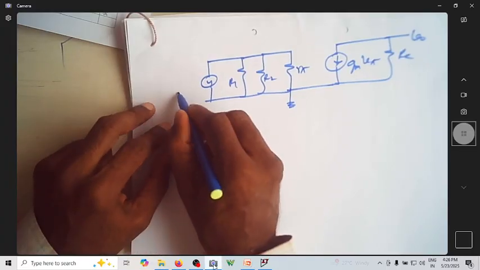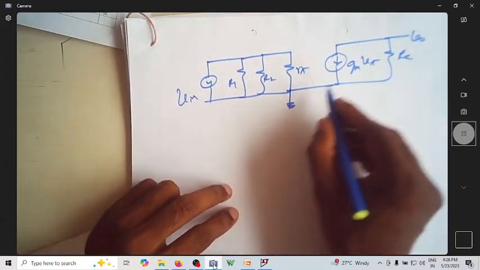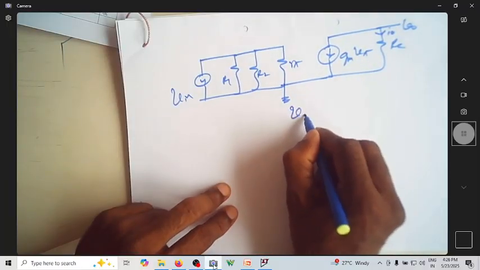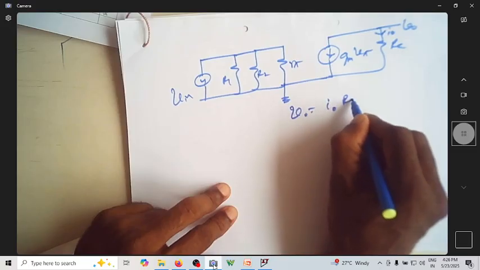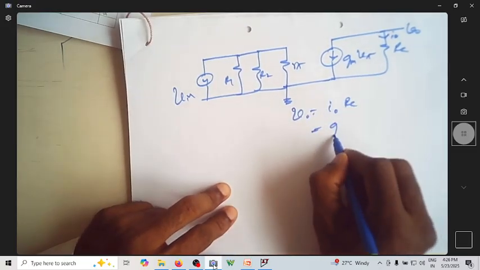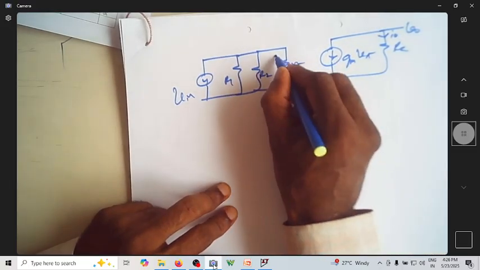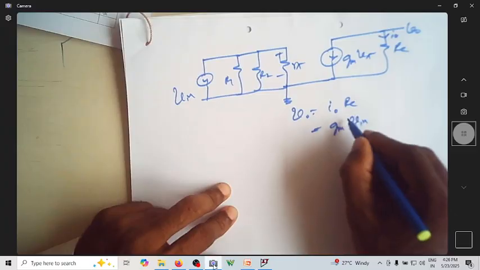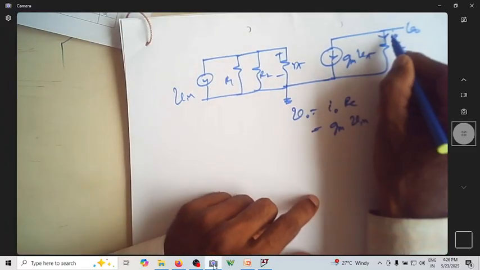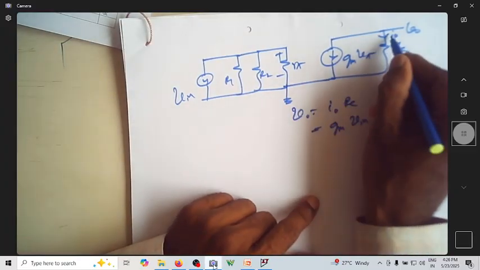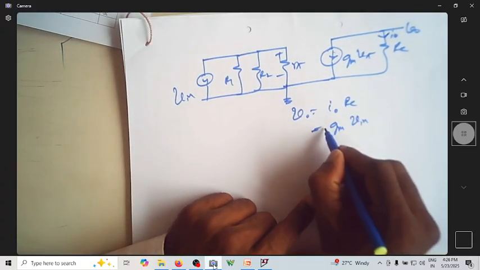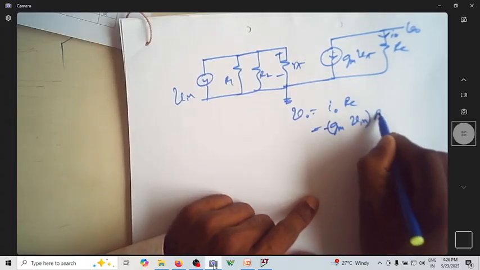Let me ground it. This is V in. So what is V0? If this is I0, I can say V0 is equal to I0 times RC. This I0 is Gm times V pi, which is Gm times V in. Actually this I0 is in this direction, whereas Gm times V pi is in the opposite direction, so this becomes minus Gm times V in times RC.